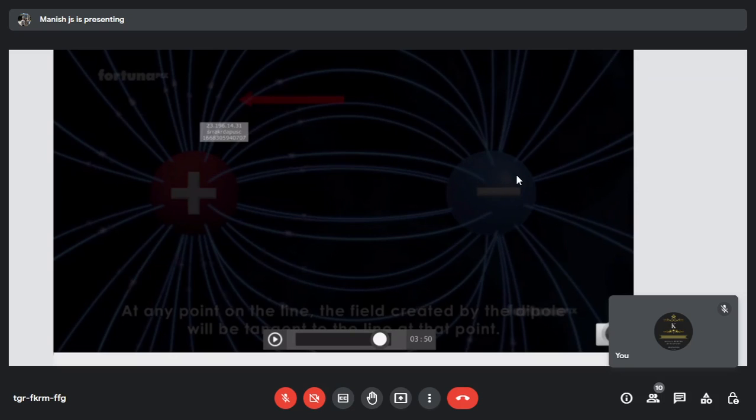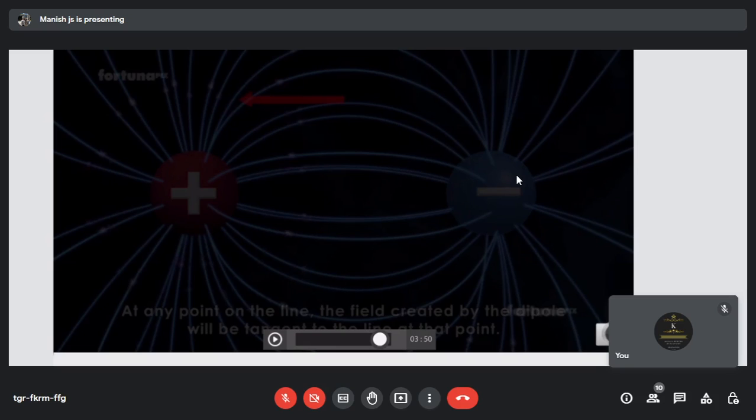The higher the magnitude of the charge, the greater is the electric field strength. The greater the strength, the greater will be the crowding of the electric field lines surrounding it.